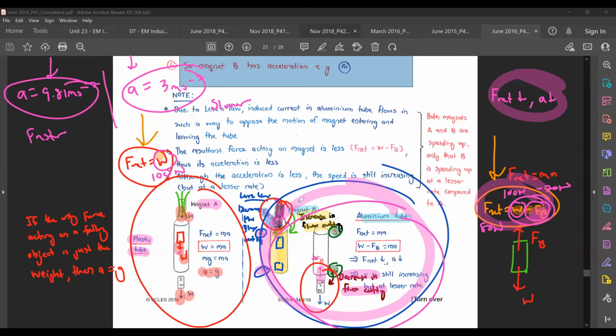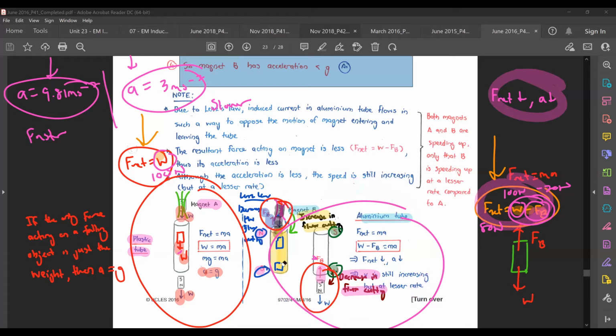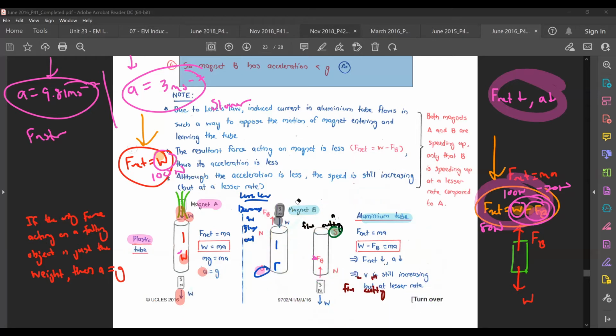So because it moves slower, it will actually take a longer time to fall. When I explain it step by step, it may seem a bit confusing, but after that, when you look at the marking scheme answer, it's actually pretty straightforward.